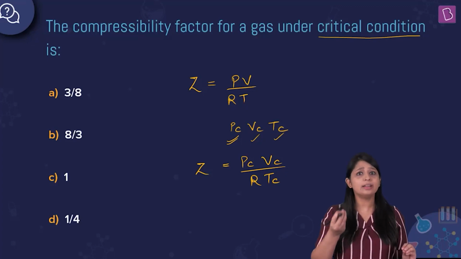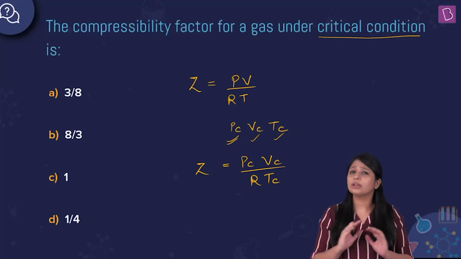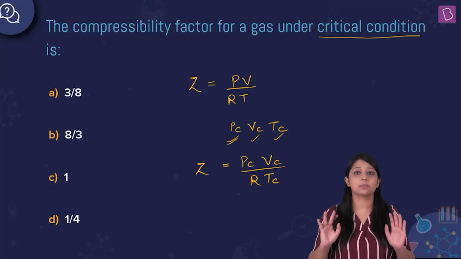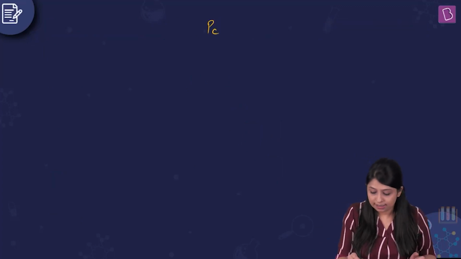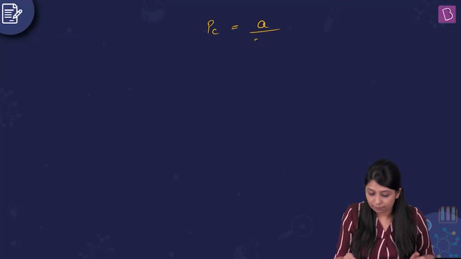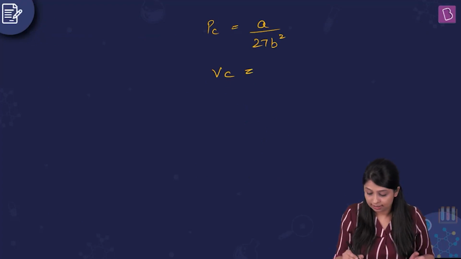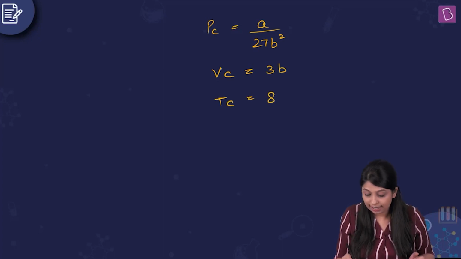You can derive them, but that is totally out of scope of the JEE syllabus that we have. So what is the value of PC? PC is equal to A upon 27B square. VC is equal to 3B. And TC is equal to 8A upon 27RB.